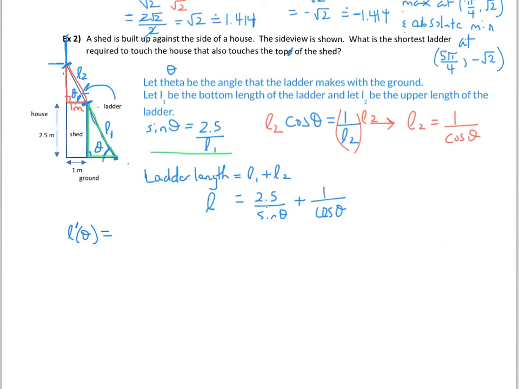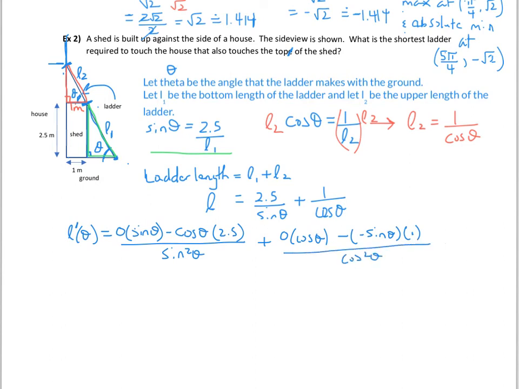The derivative of the top would be 0 times the bottom, sine theta, minus the derivative of the bottom, which will be cos theta, times the top, all over the bottom squared. And then we're going to take the derivative of 1 over cos theta. So the derivative of the top times the bottom, minus the derivative of the bottom times the top, times 1, all over the bottom squared.